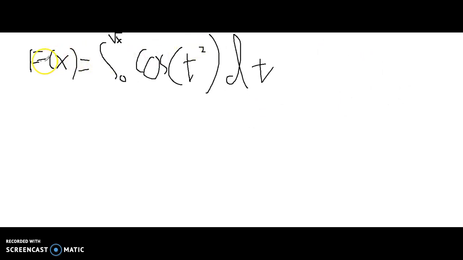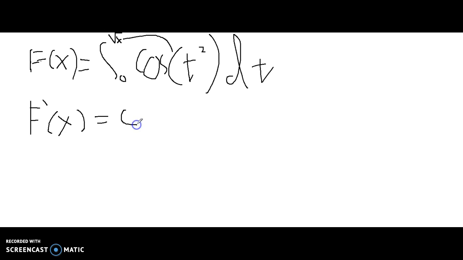So what we have is the antiderivative, or big F of x, equals the integral from 0 to root x of cosine of t squared dt. So what we're going to do is find what F prime of x is going to be. So we're going to put in root x for t.